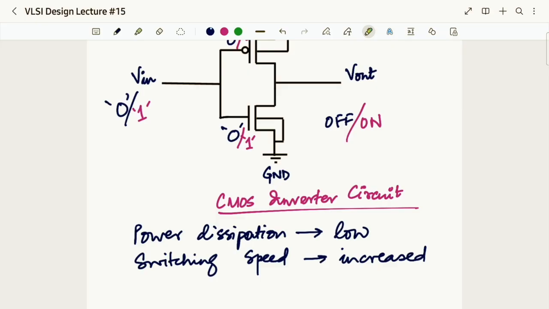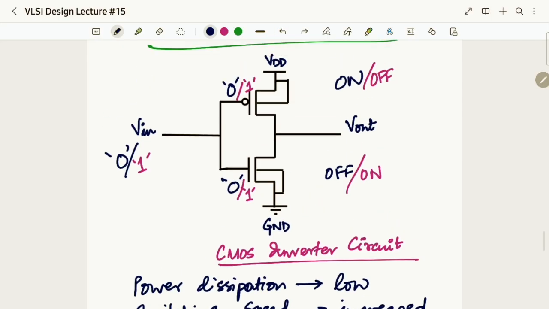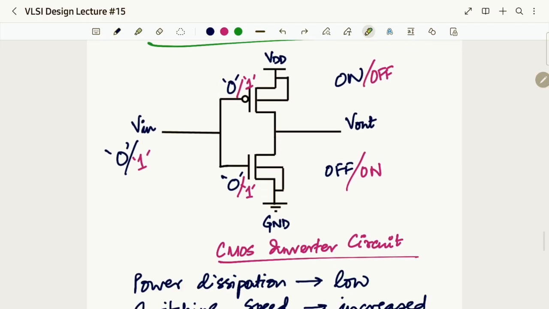Okay, and we have something called noise margins, and that is high. Having a high noise margin is good for us. Don't worry, this is also going to get covered very soon. So that is why we have stuck with the CMOS circuit, CMOS inverter.